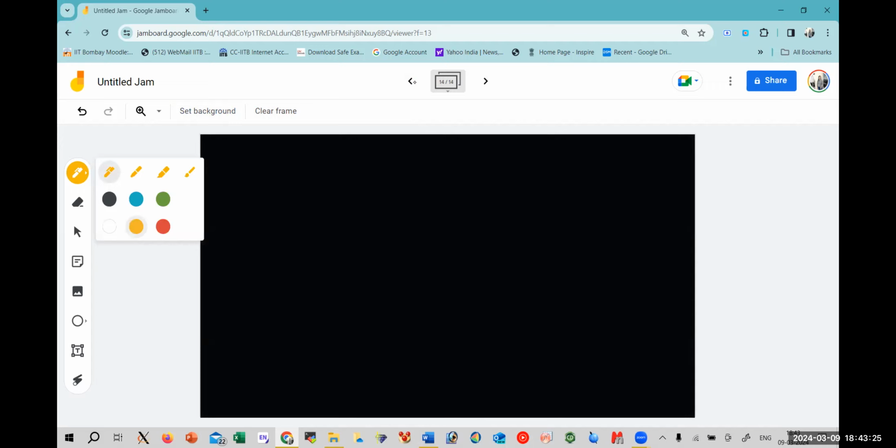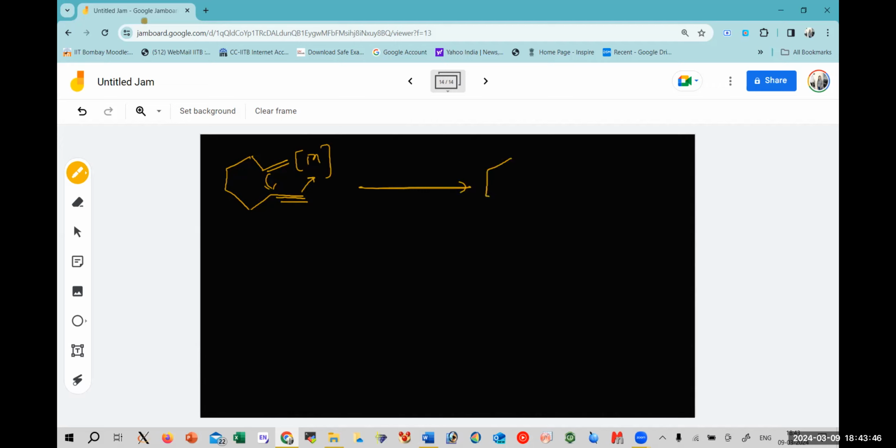So then we are having our new product, a new metal olefin, this M, and here we have carbene. Now again cyclization. It would first form this product.